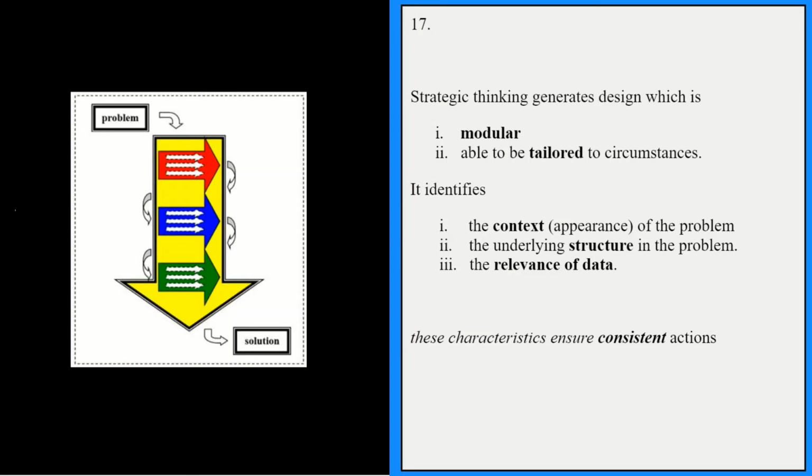Strategic thinking generates design which is modular and able to be tailored to circumstances. It identifies the context of the problem, the underlying structure of the problem, and the relevance of data. These characteristics ensure consistent actions.